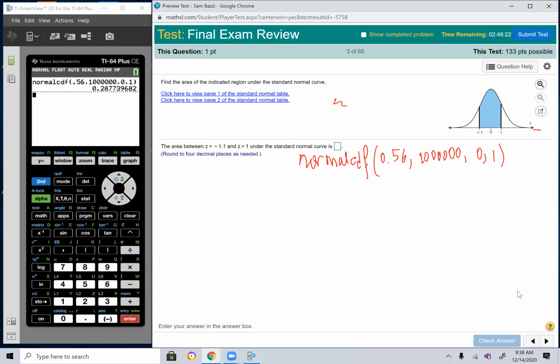Make sure to use the proper negative sign. And upper is 1, and then 0, 1. So it's very easy when he gives you area between two numbers. And that will be 0.7057. Remember, I'm rounding to the 4th decimal place.